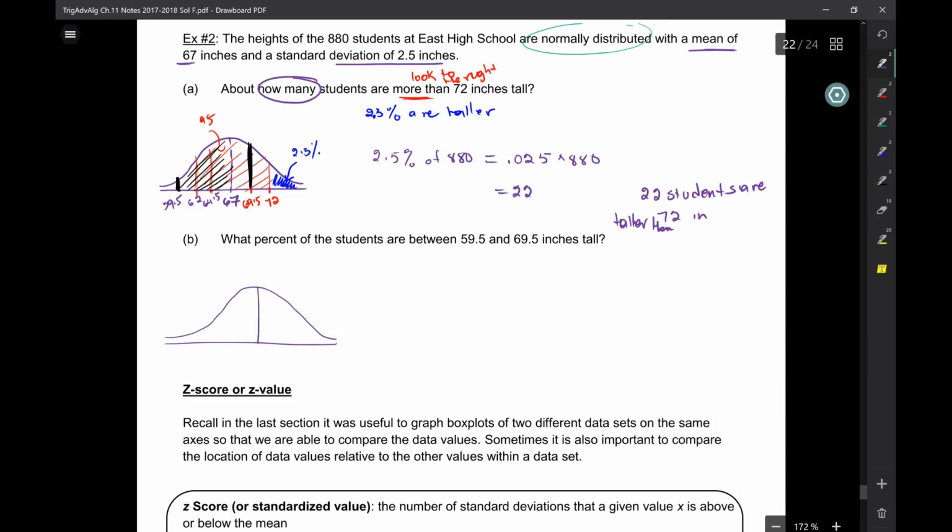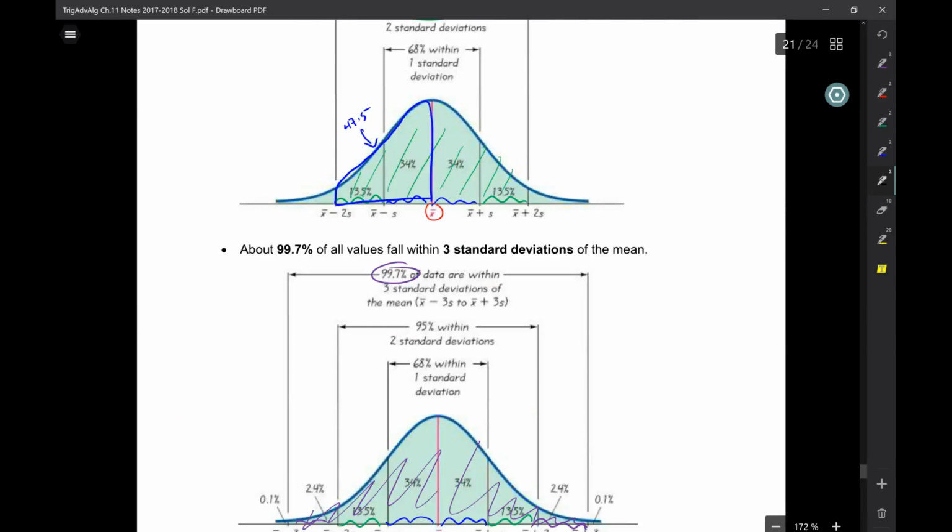Okay, so this is 67. This is 59.5. I went 3 standard deviations, and then this is 69.5. Okay, if you go 3 standard deviations, right? That's, how much is that?